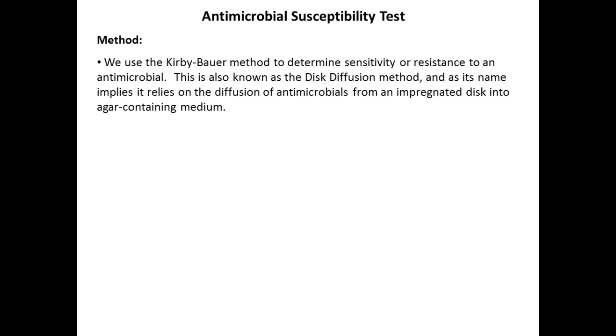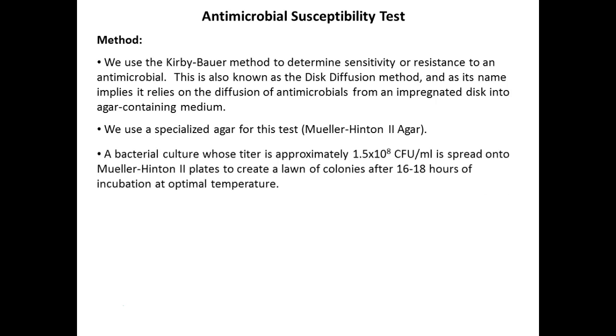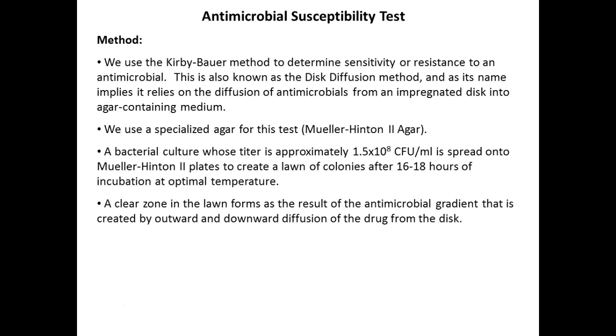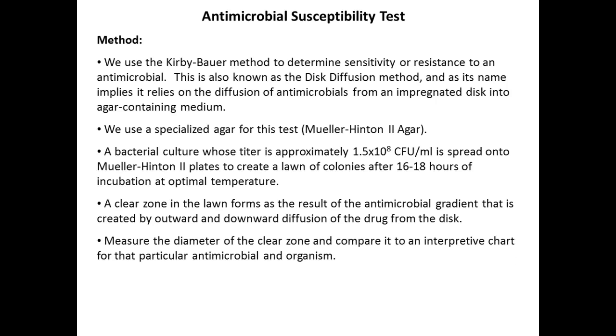We used a particular method, right? We started with a particular density of cells. We worked with a particular type of agar. It's actually Mueller-Hinton 2. Everything is standardized in this test, right? We started with an approximate cell number, spread it out over the plate, we added the antibiotics, and then the antibiotic discs diffused into the media and affected the bacteria, right?